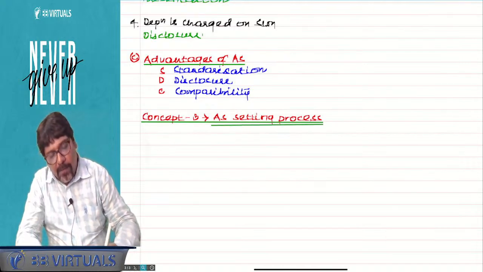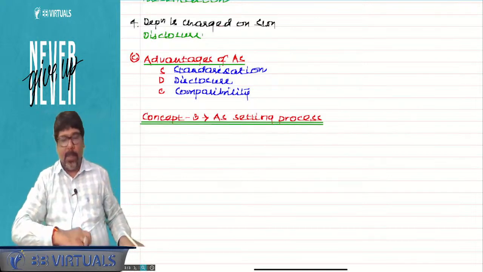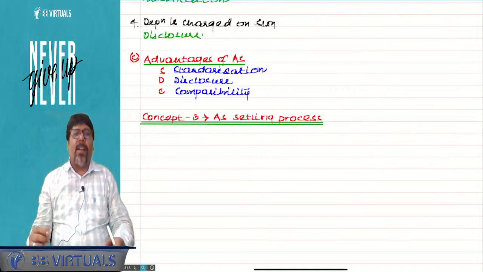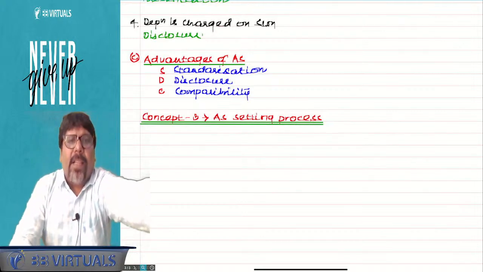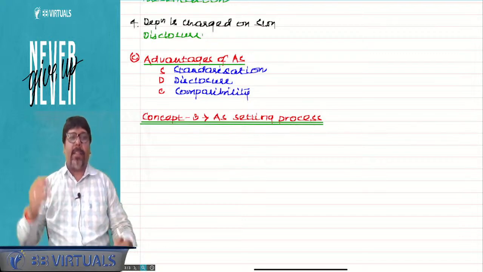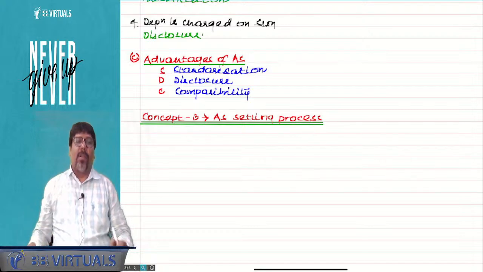What is the process of making an accounting standard? For setting or creating an accounting standard, ICAI has created an accounting standard board.